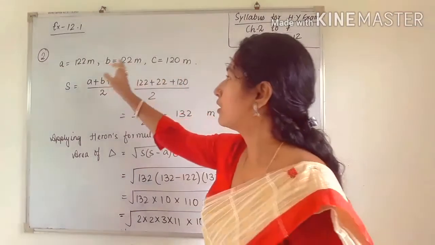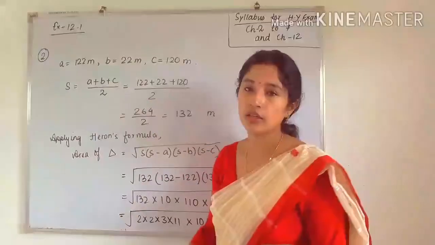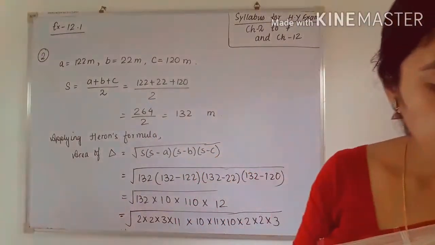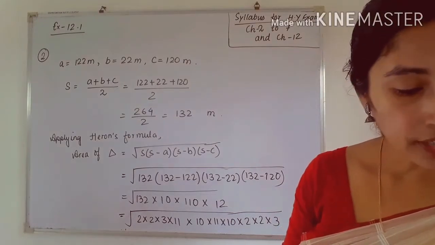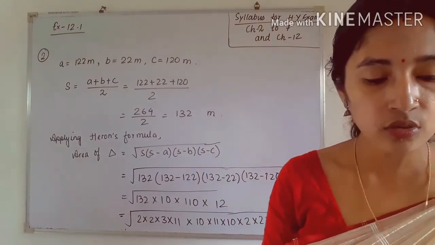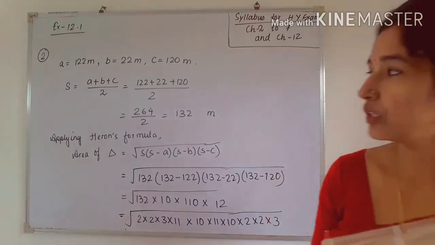Another thing is given, that the triangle has sides 122 meter, 22 meter and 120 meter. It is also given that the earning through the advertisement is rupees 5,000 per meter square per year. What is the meaning of this?